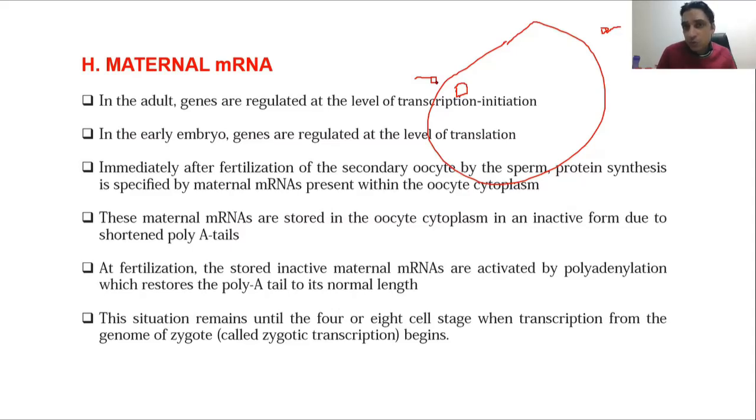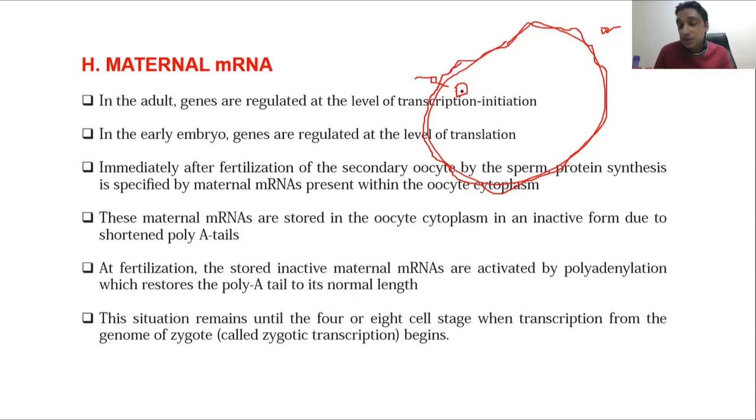Once the wall of the egg is breached, the egg releases a protein which seals it off. That is very important because hundreds of sperm are trying to enter. So now no other sperm is able to penetrate the egg.